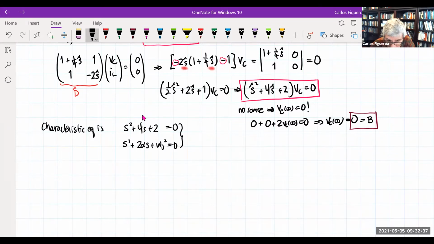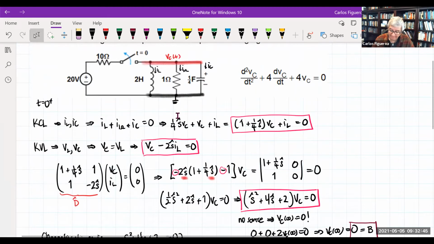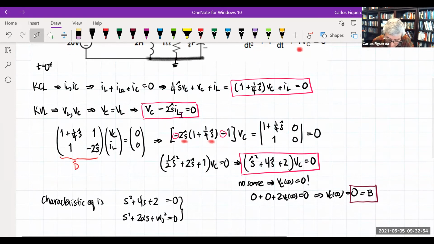wait, did I get this right? Let me see here. I'm thinking I have an error, and look at why I have an error. This is 4 and I have 2. So obviously I have some number error that I'm screwing up with. That's 1/2.